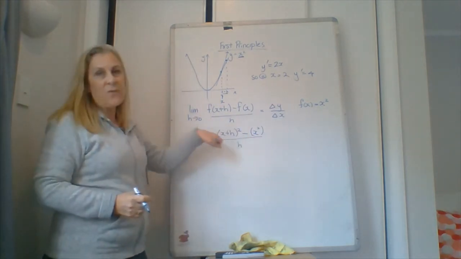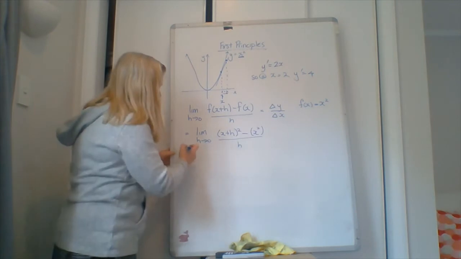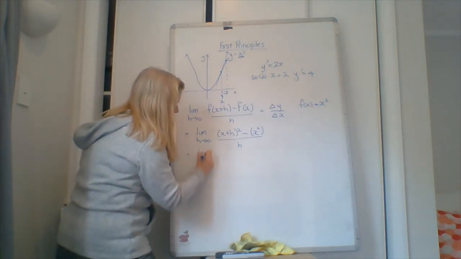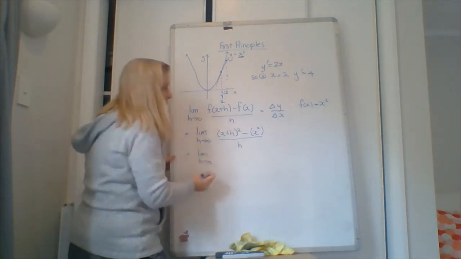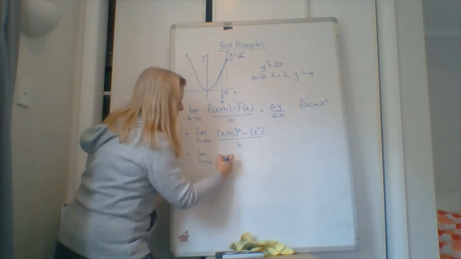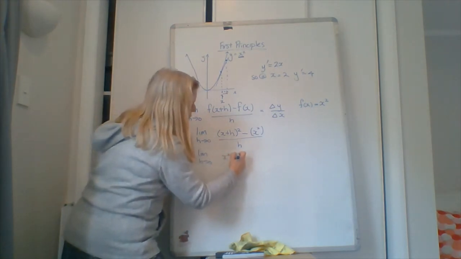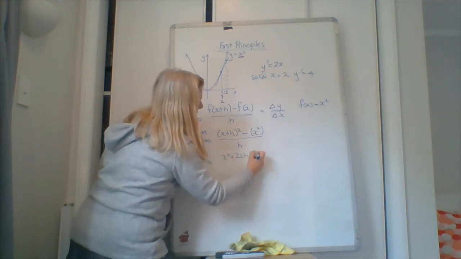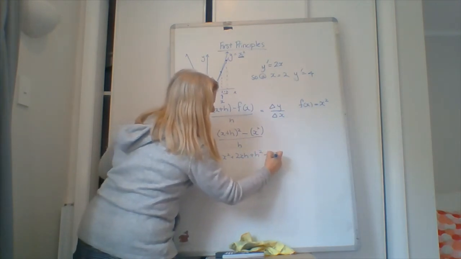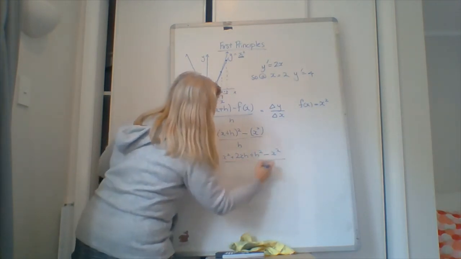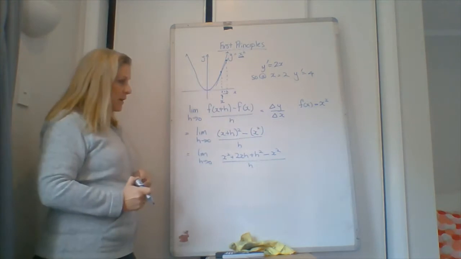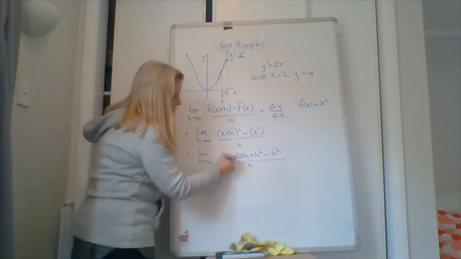All right. We want to simplify this fraction here. So we still haven't done this bit, we leave it in the beginning. Expanding this, we get x squared plus 2xh plus h squared minus x squared all over h. All right, we can cancel those two out.